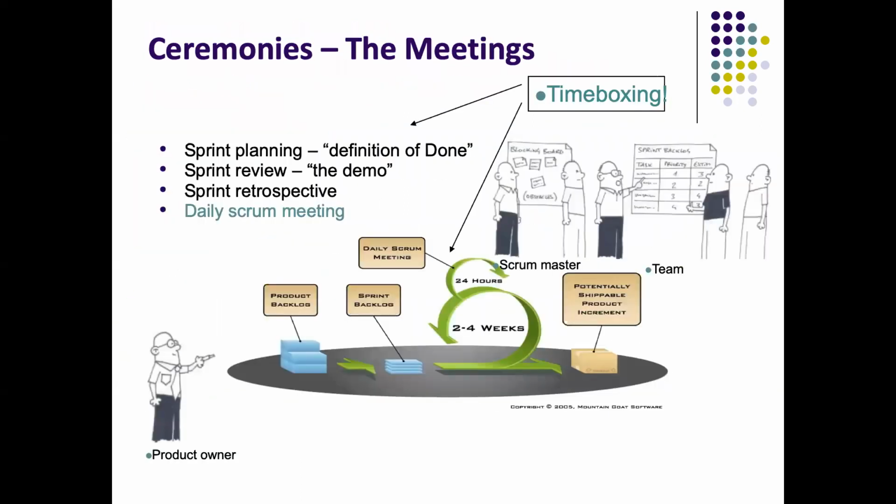So we will quickly start on the ceremonies. Sprint planning is the time when, as a product owner, you will create the product backlog. You will pick up one pile of the top priority items and put it in the sprint backlog, right?